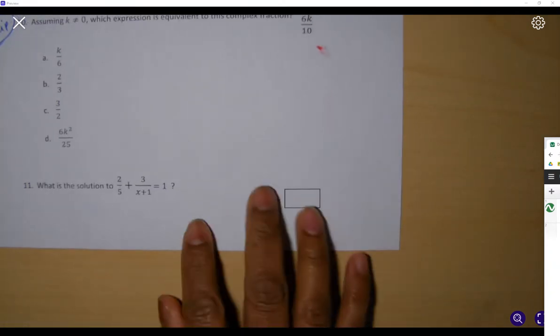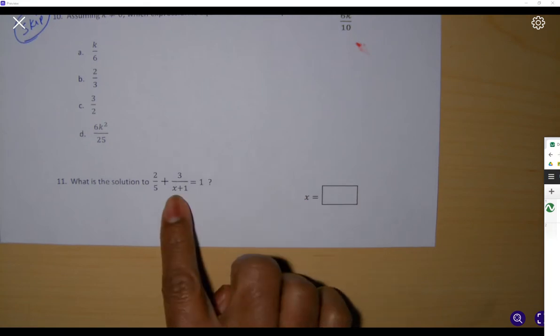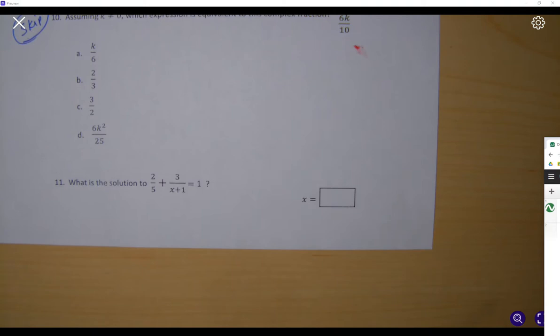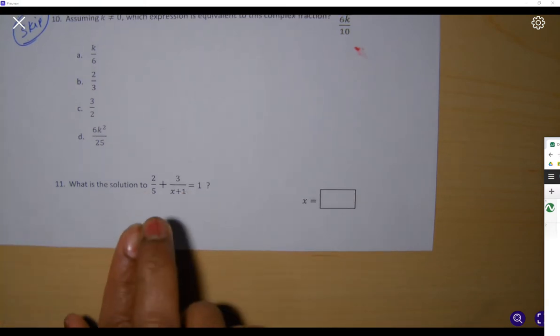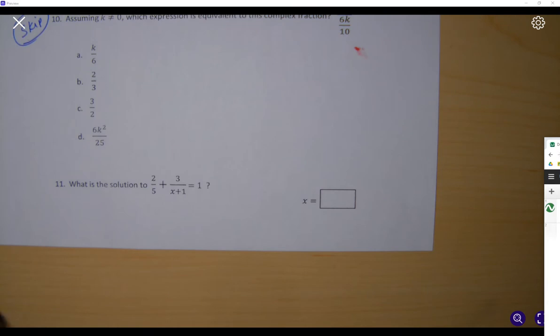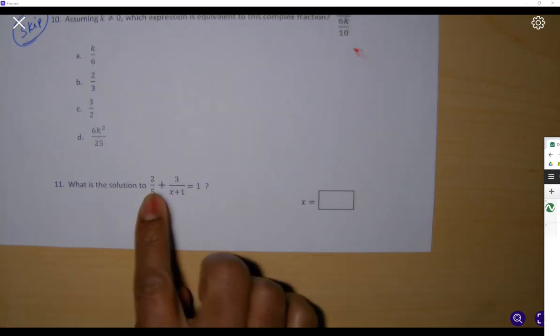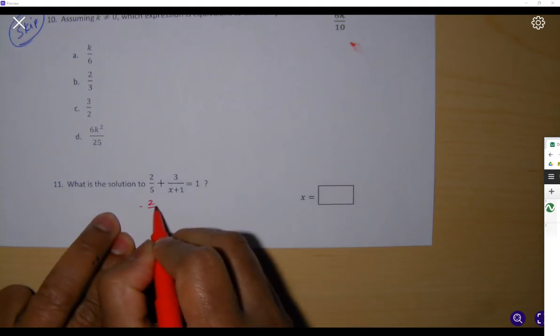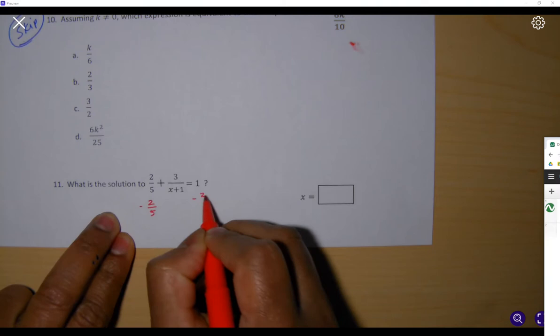Alright, number 11. Here we have an equation we're solving for x. Before I can do cross multiplication, I need to combine these first. Or you can honestly just take this number over, and that's probably easier. So you can subtract 2 over 5 on both sides.